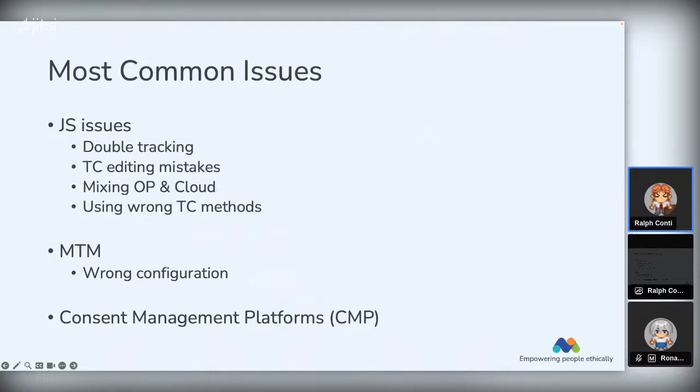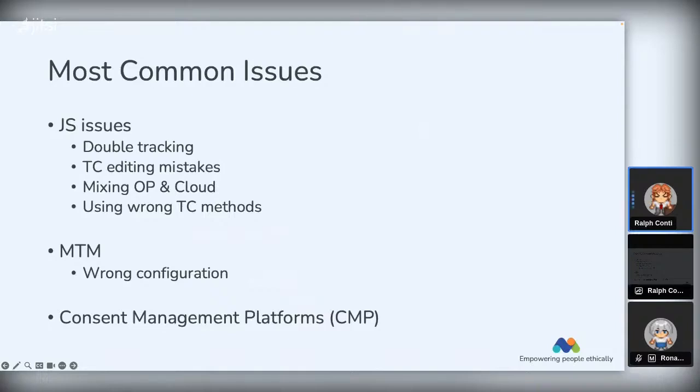For instance, in this example of on-premise to cloud, the web analytics people add the cloud tracking code on top of the on-premise one, which means you end up having two tracking codes fired at the same time. And sometimes we see wrong tracking code methods being used as well. We'll cover later what that means, and there are some issues that can arise from that.